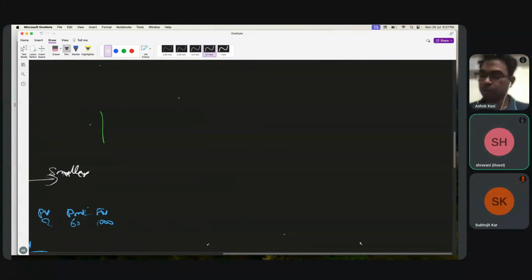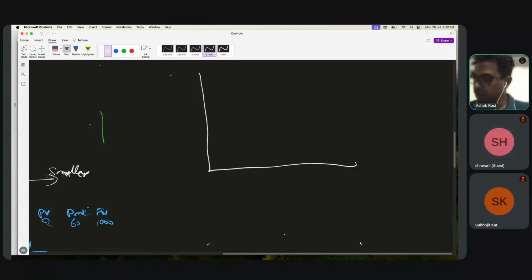We will be speaking in detail about that, but right now let me give you some idea. See, this is the price and this is the yield. Now at this, let's say at 10% yield, price is 1,000 rupees.